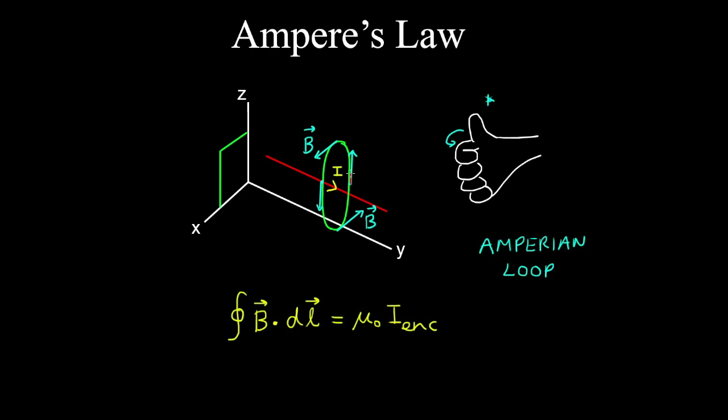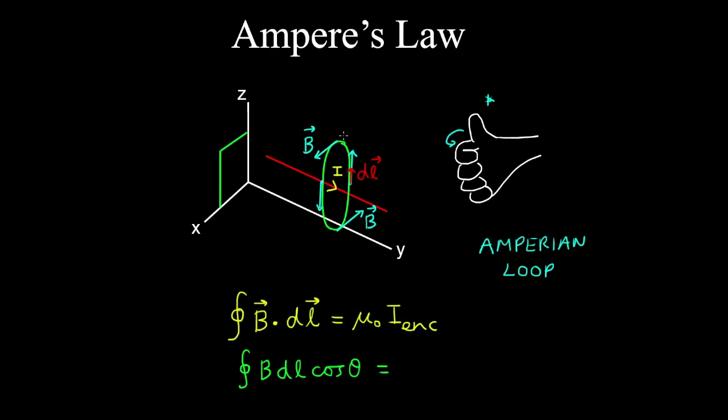So taking our differential vector tangent to this loop, we can write this as the integral over the closed loop of B dl cosine theta, which is the definition of the dot product.